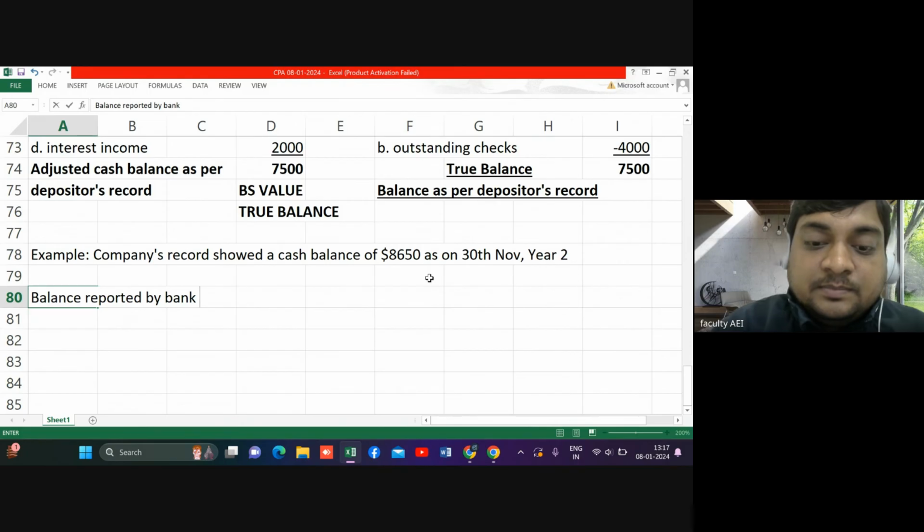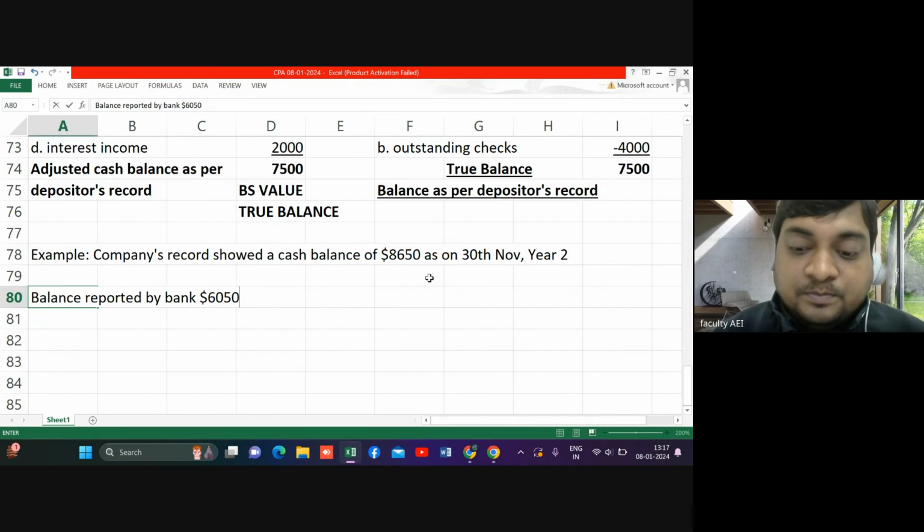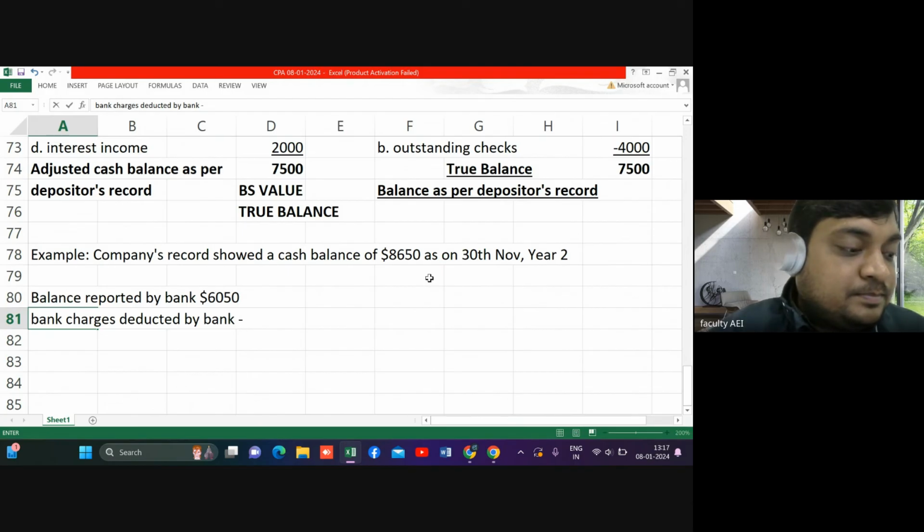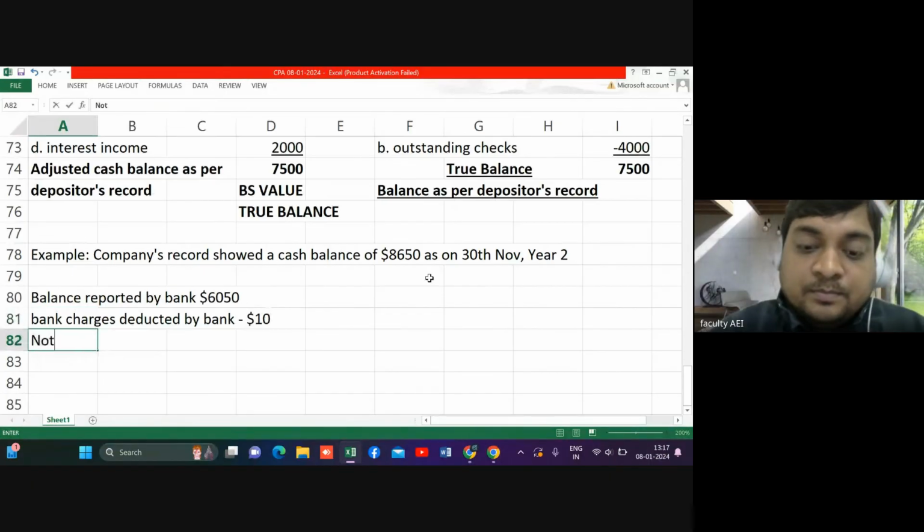Balance reported by bank: $6050. Bank charges deducted by bank, and noting charges.